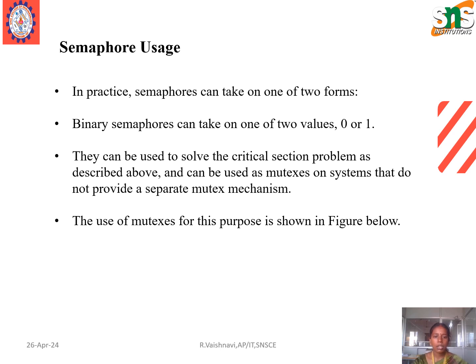In practice, semaphores can take on one of two forms. Binary semaphores can take on one of two values, 0 or 1. They can be used to solve the critical section problems as described above, and can be used as mutexes on systems that do not provide a separate mutex mechanism.